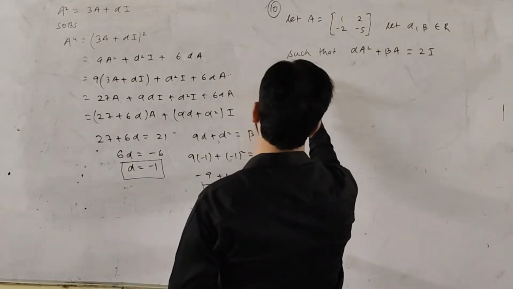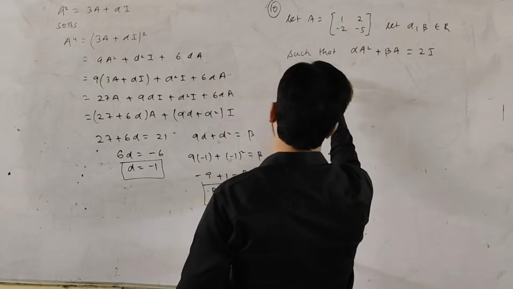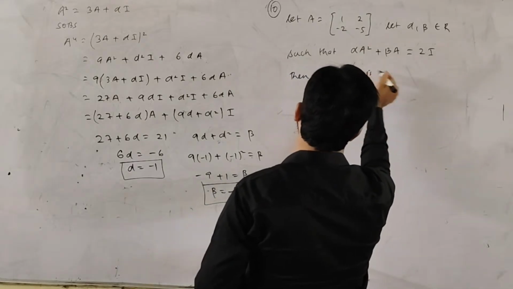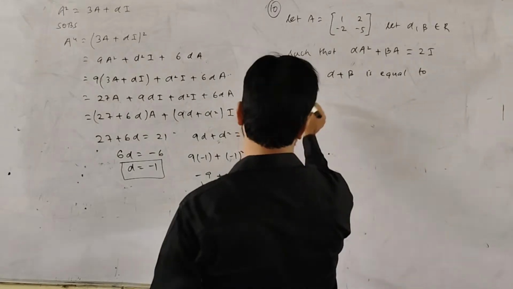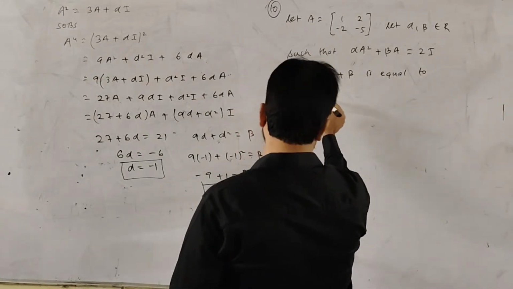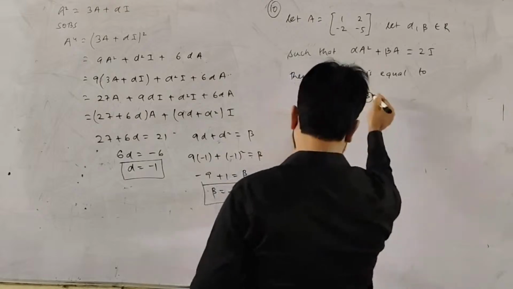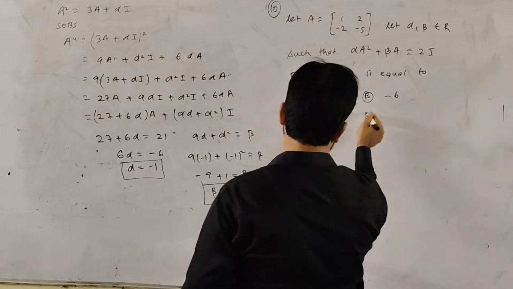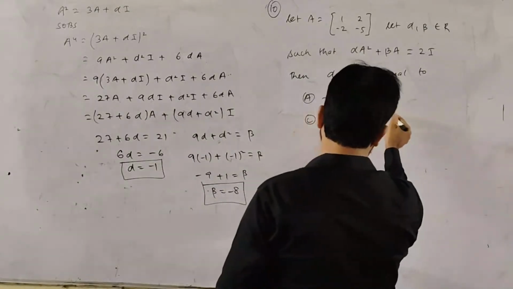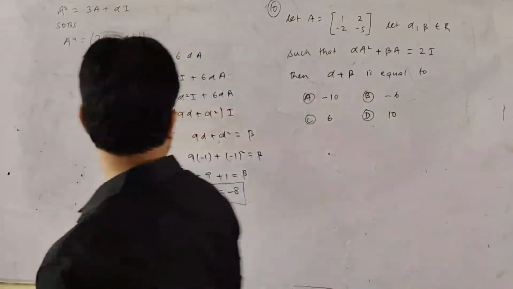Then alpha plus beta is equal to, options are as minus 10, minus 6, and this is 10. Now see what this question says.